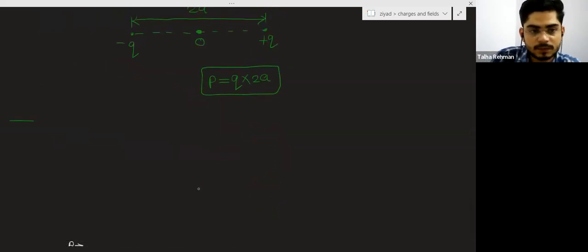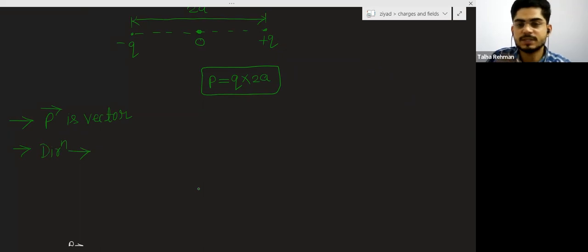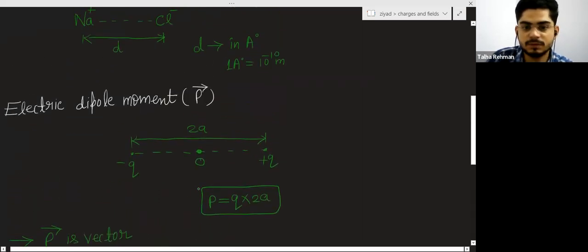So this dipole moment is a vector. And if you talk about the direction of this dipole moment, it is from negative to positive charge, like this.